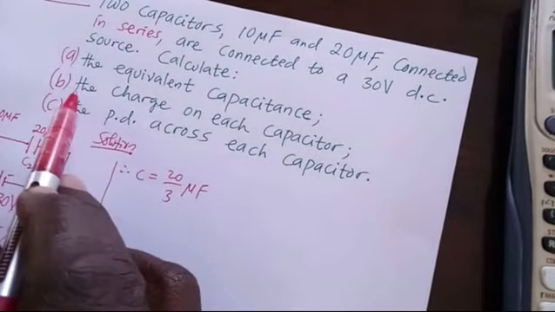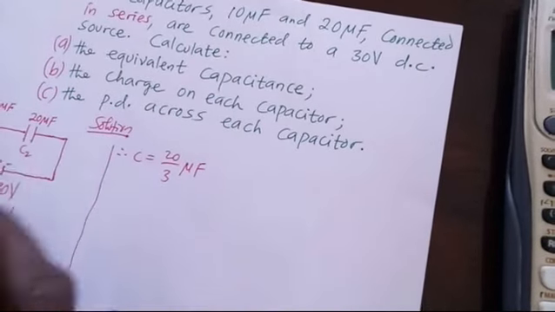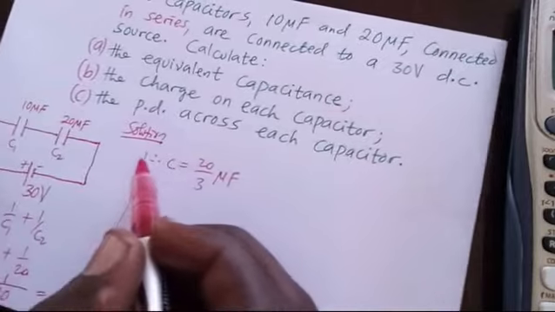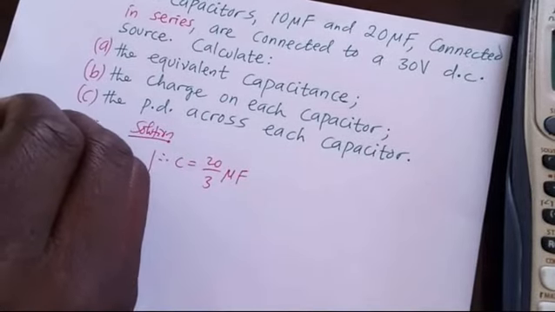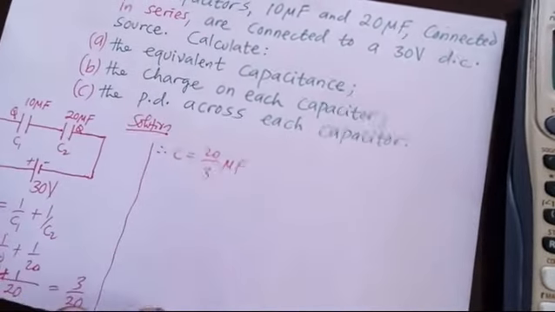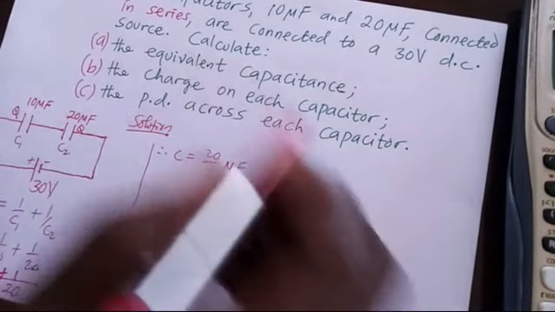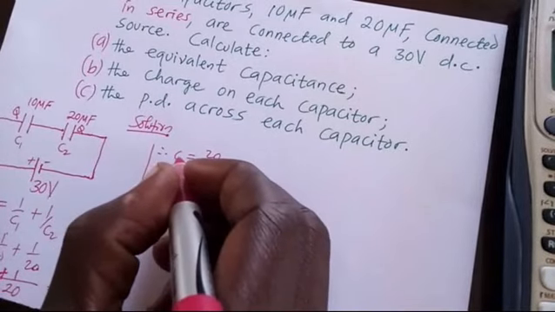Now they said get the charge on each capacitor. If they are arranged in series, remember what we said: each one will store an equal amount of charge, Q, Q, Q. How do we get this charge? It is related to the PD and the total capacitance you have just calculated.